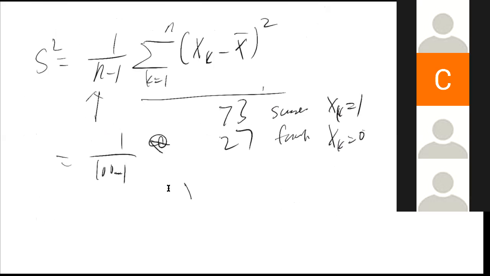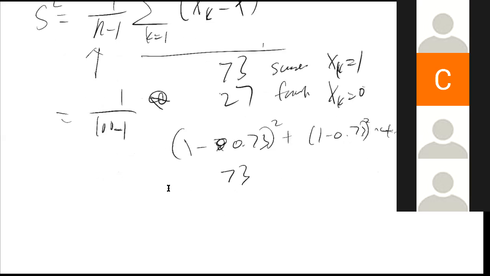So we have 1 minus x bar, where x bar is 0.73. So 1 minus 0.73 squared, plus 1 minus 0.73 squared, plus a lot of them. In fact, there are 73 of them here.